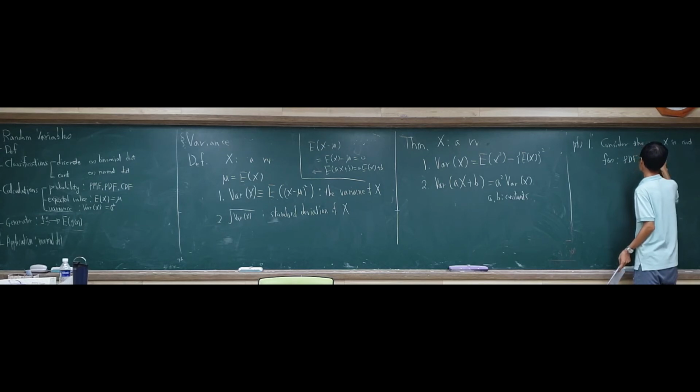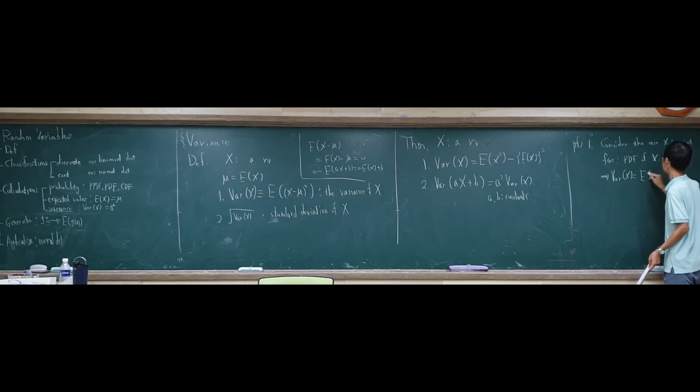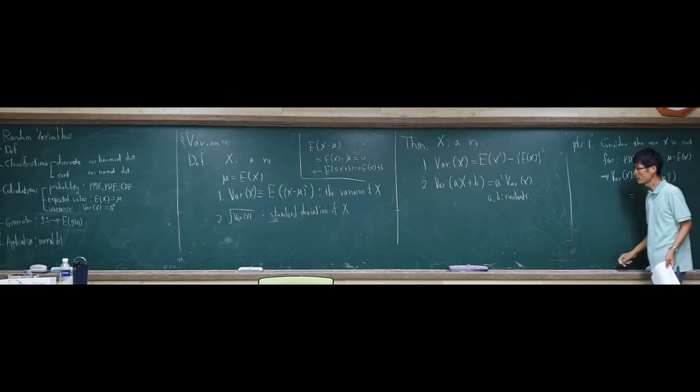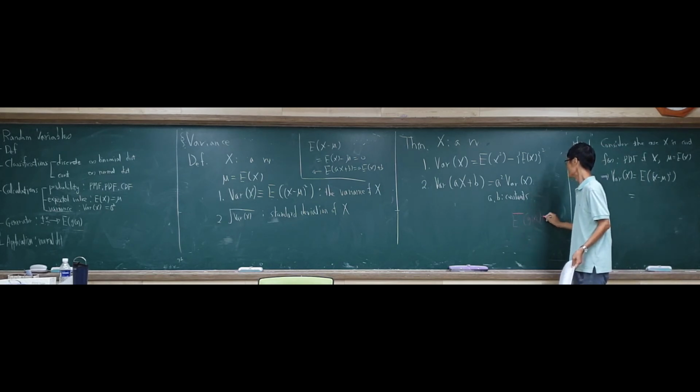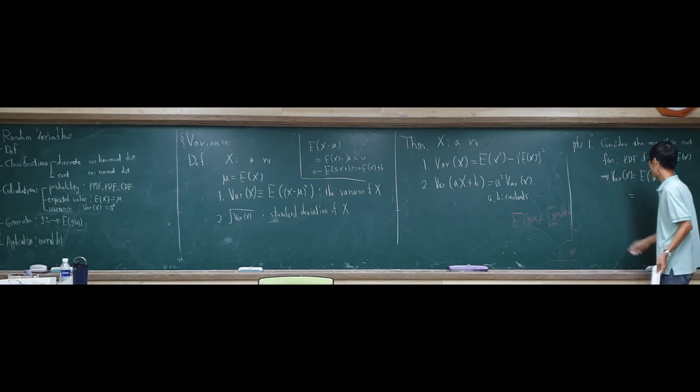So let's assume that f is a probability density function of X, then the variance of X is by definition the expected value of (X minus mu) squared, where mu is the expected value of X. Then by the theorem that E of g(X) is equal to the integration of g(x) multiplied by f(x), applying this theorem here, you can see that this is equal to the integration of (x minus mu) squared multiplied by f(x) dx, and mu is considered as a constant.